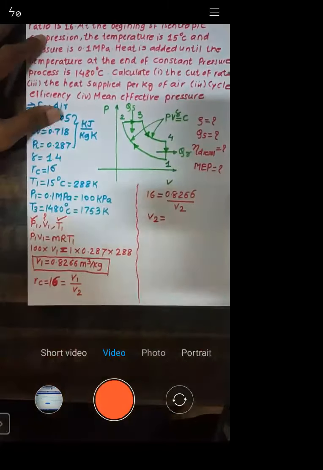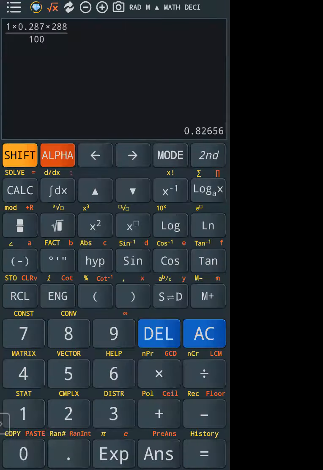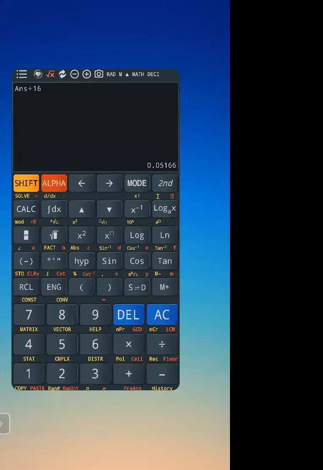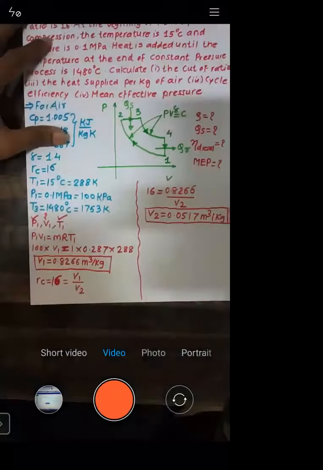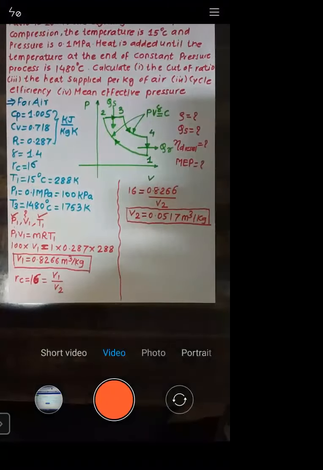This is 0.8266 divided by 16, which is nothing but 0.0517 meter cube per kg. This is the V2 volume we got. Is that okay or not?